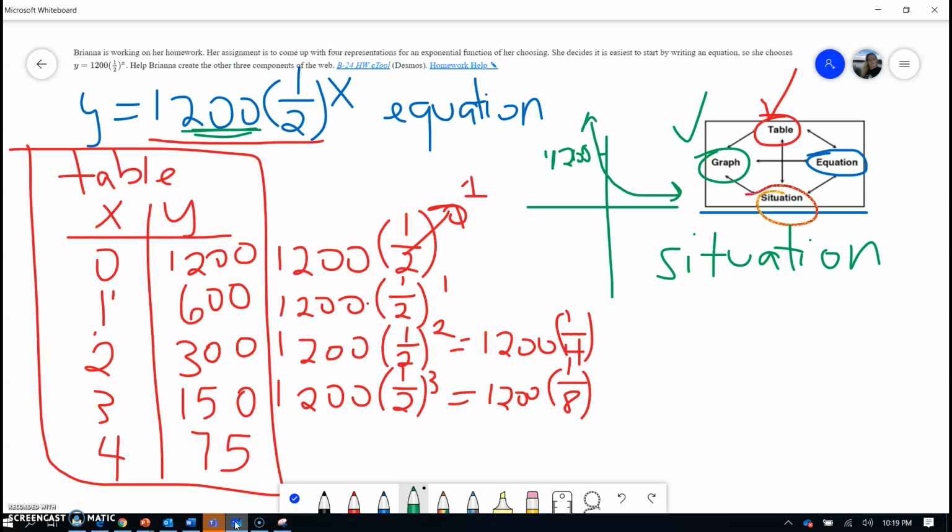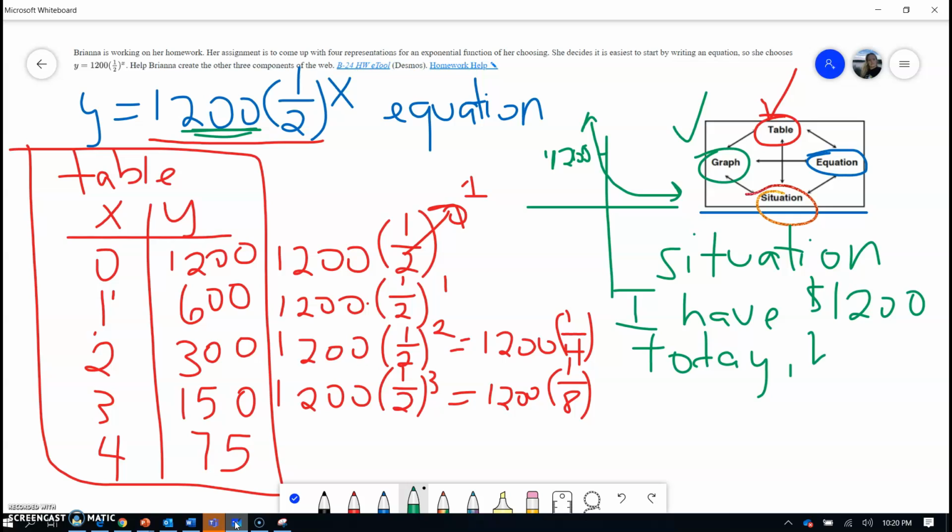So, I'm thinking about money. I like to think about how much money I have. That's always a fun one. So maybe my situation is I have $1,200 today, but each day I spend half of it.